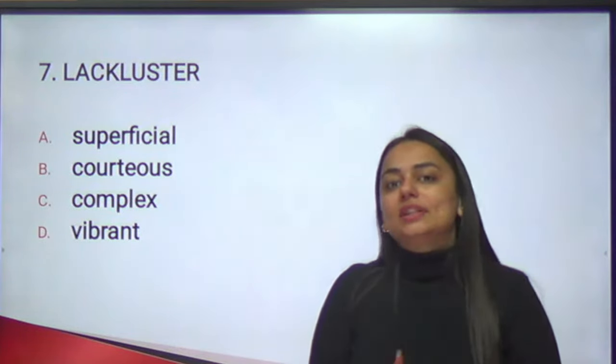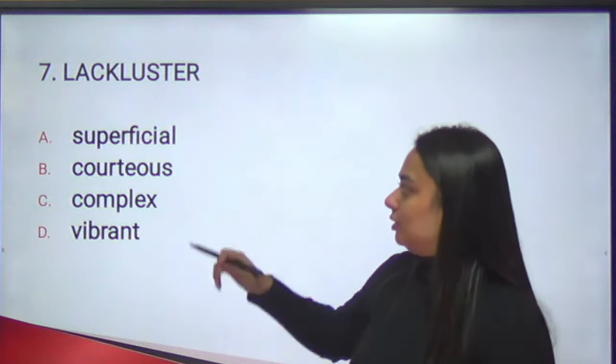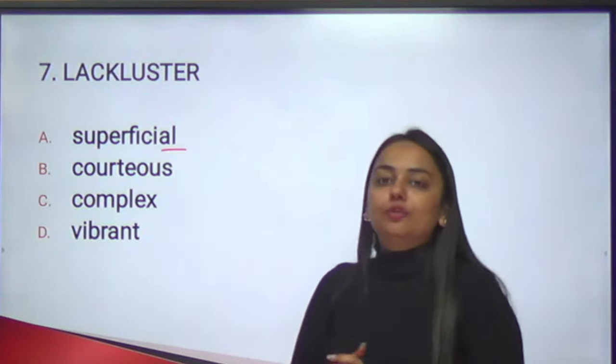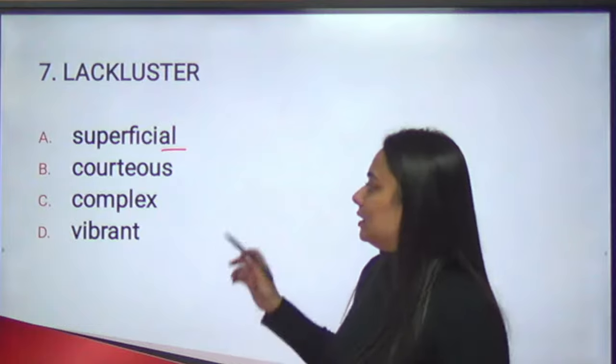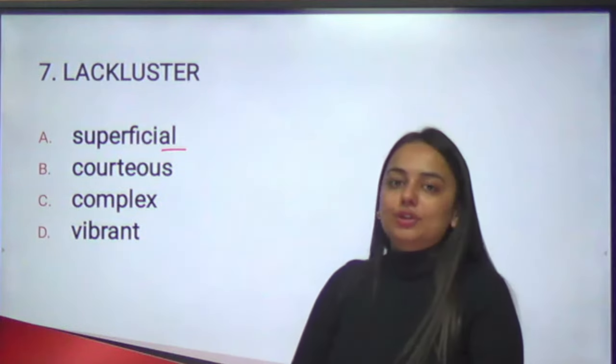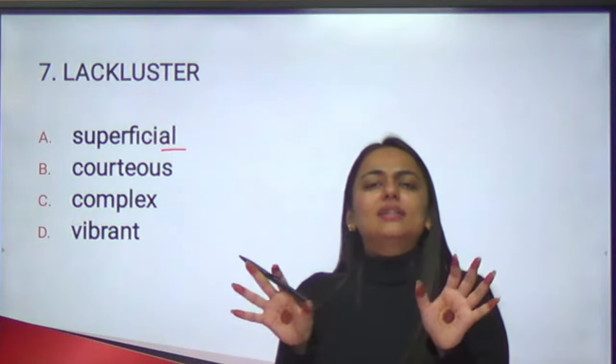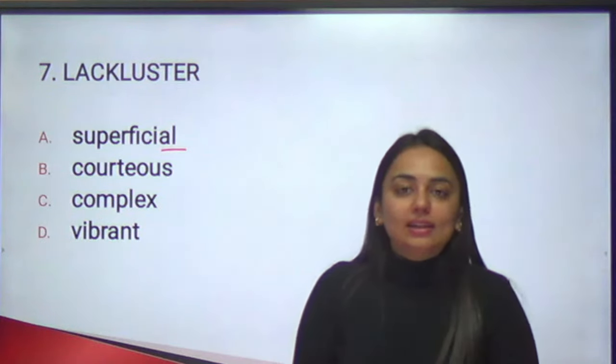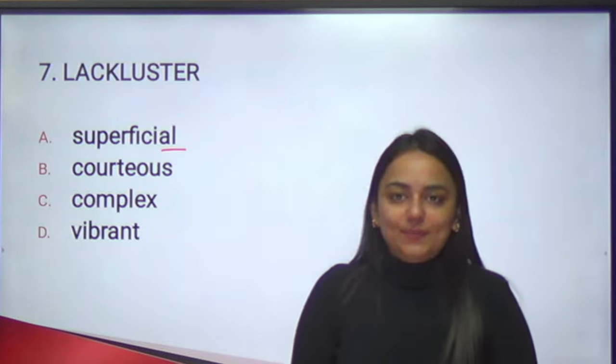तो इसका opposite क्या होना चाहिए out of these options? Superficial is out of the context. Courteous, complex, or vibrant. Lackluster is something that is dull. That is not original, you can say. That is dull, nothing significant is there about it.